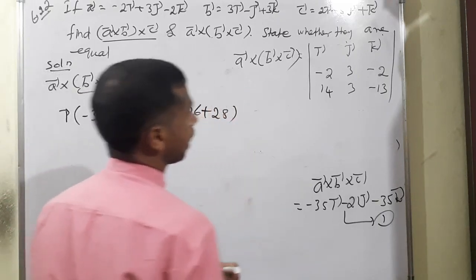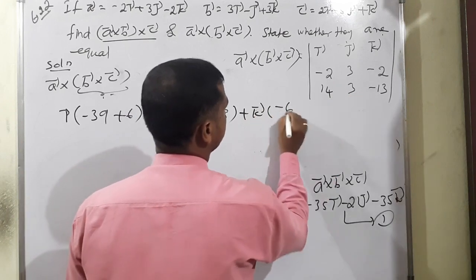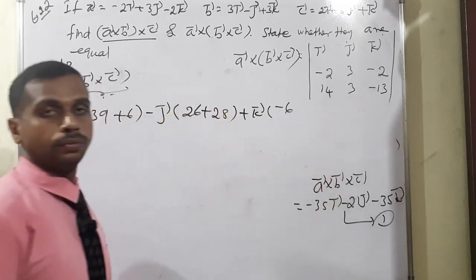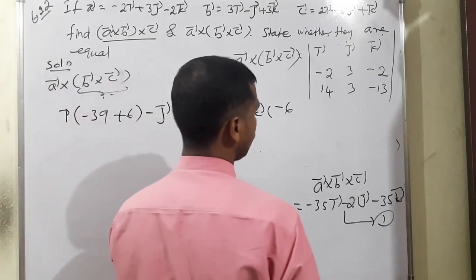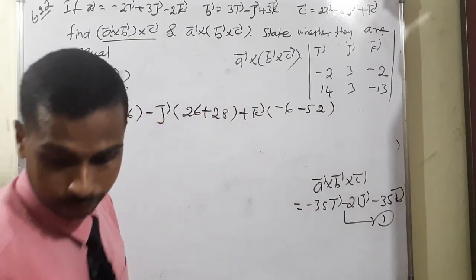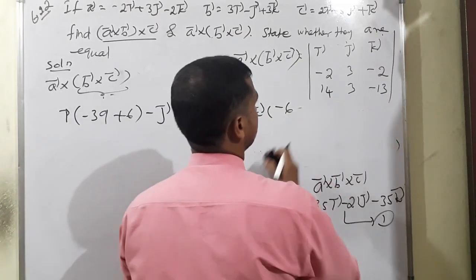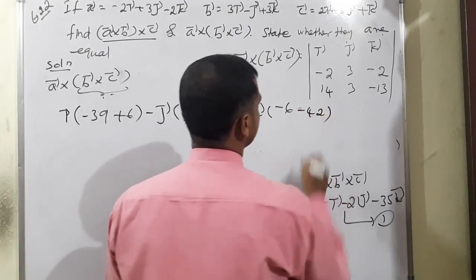Now plus k vector means minus 2 into 3 is minus 6, 3 into 14, 4 3s are 12, 30 plus 12 is equal to 52, isn't it? Therefore we can write it minus 50, sorry my dear. Actually 4 3s are 12, 30 plus 12 is equal to 42. So, minus 42.